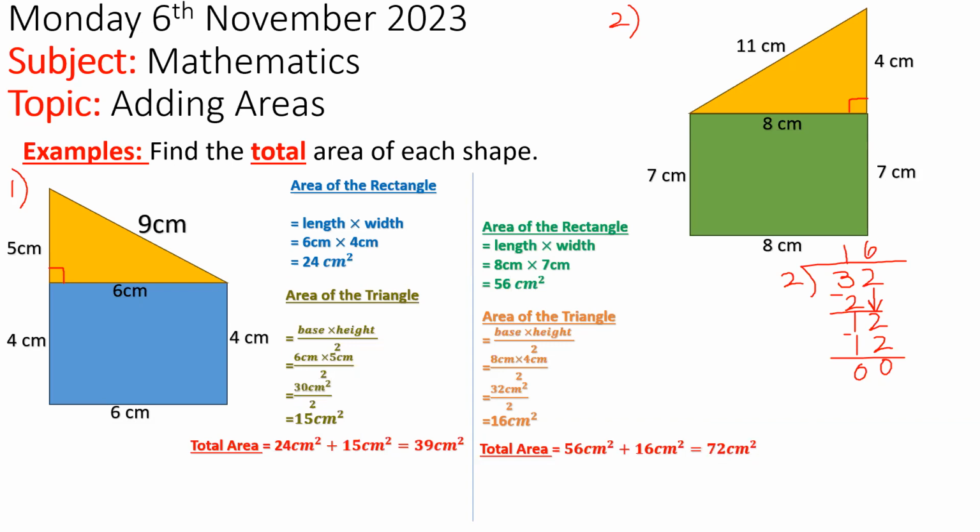And Aaron Claire, do you understand how we got 72 centimeters squared? Aaron, I need to hear you. I can't hear you. Yes, sir. Aaron, you have not sent me any work since last week. I need you to stop what you're doing and take a picture of your work and send it to me, please. Again, take a picture of your work and send it to me, Aaron, because you never send me the work.